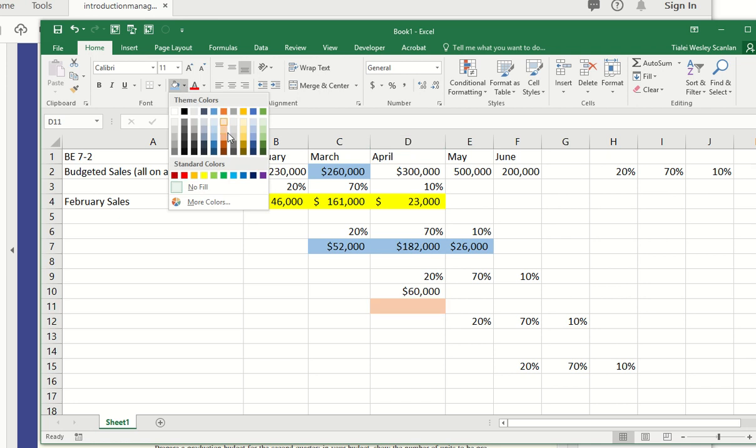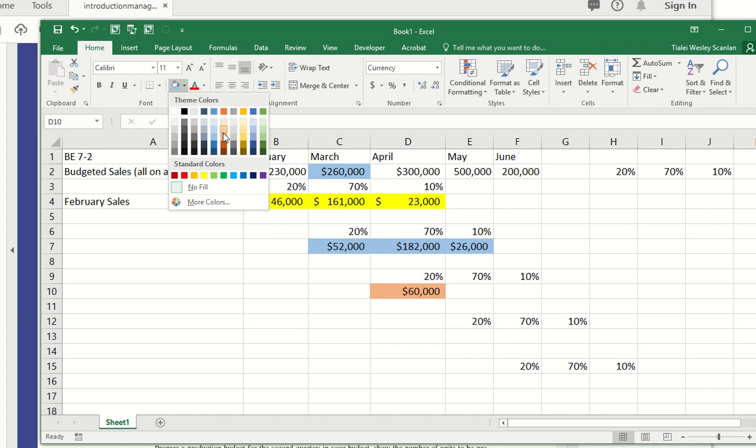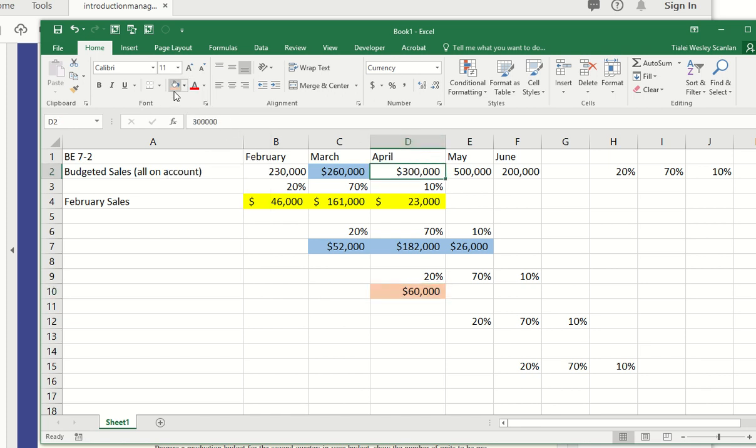I'll make this a different color, and this one a different color. I can make this D2 an absolute reference, so the formula says this number above, D9, times this D2 all the time. This D2 will stay constant.